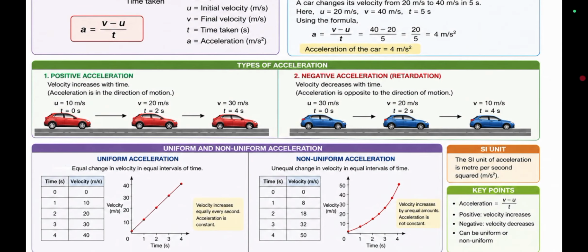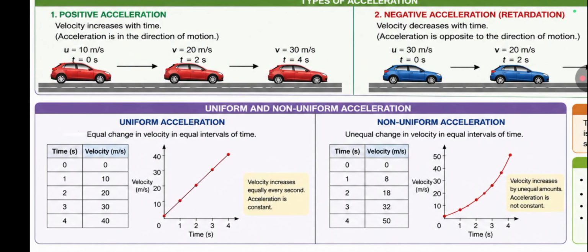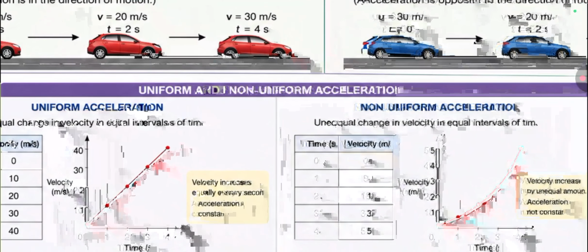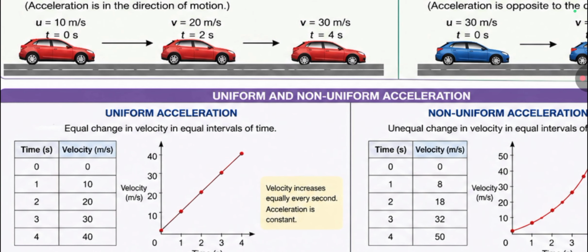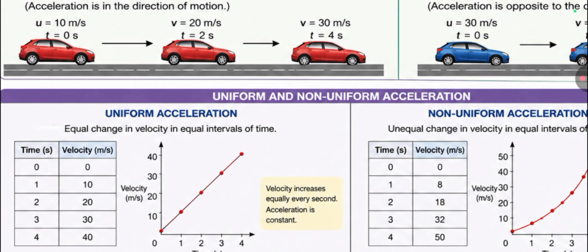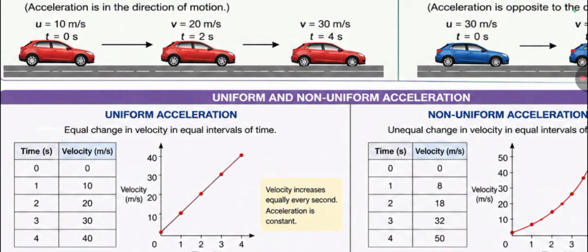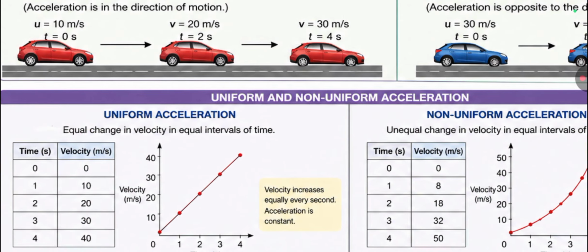Now uniform and non-uniform acceleration. Here we will explain clearly by using the graph. The table indicates time and velocity. Time is in seconds, velocity is in meter per second. Suppose at 0 seconds the velocity is 0, and after 1 second the velocity is 10 meter per second, and at 2 seconds the velocity is 20 meter per second.